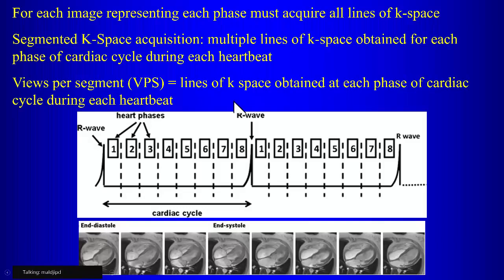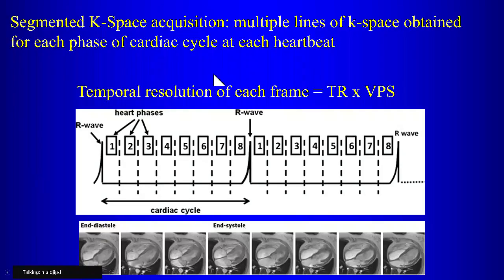So the views per segment are the lines of K-space obtained at each phase of the cardiac cycle during each heartbeat. And remember, we have to get about 256 before we have enough to generate one image for each of these phases. Okay? So that's called a segmented K-space acquisition.